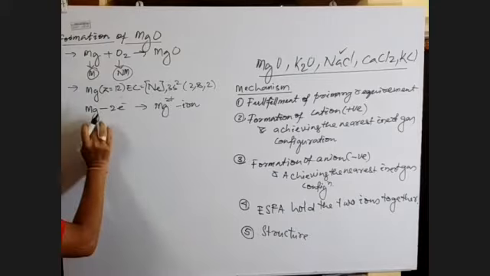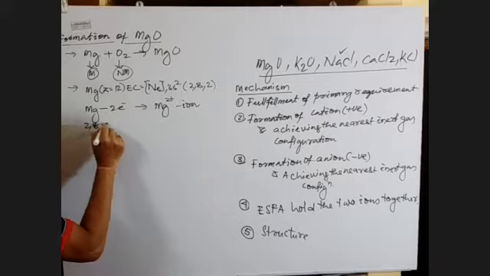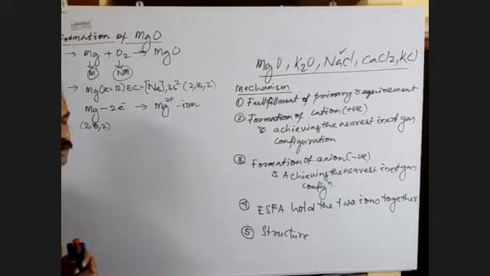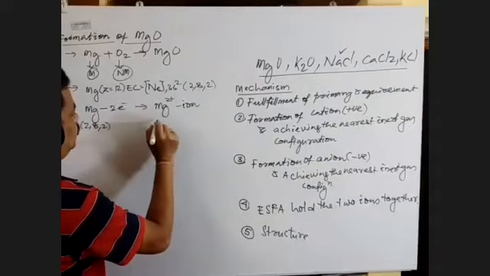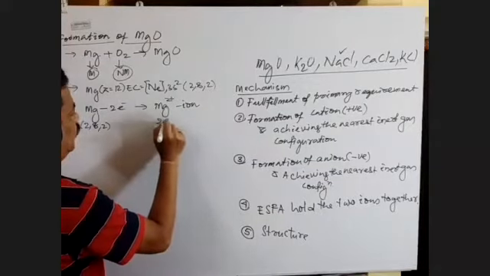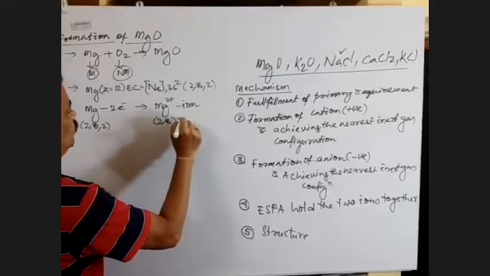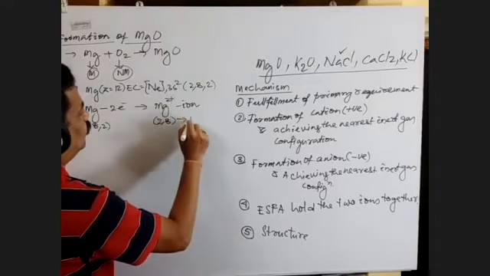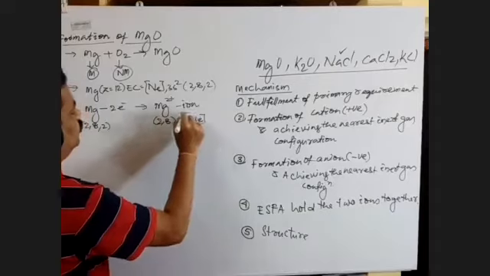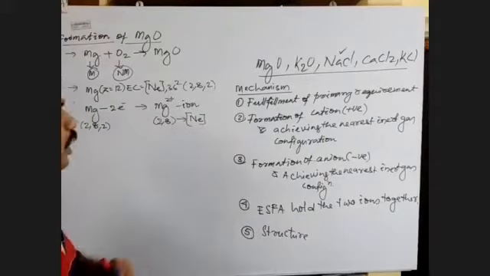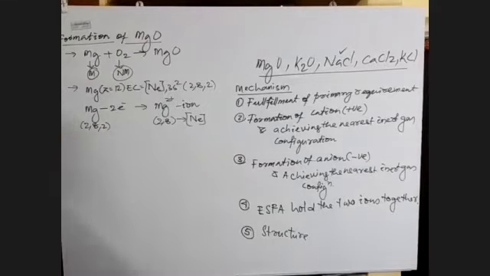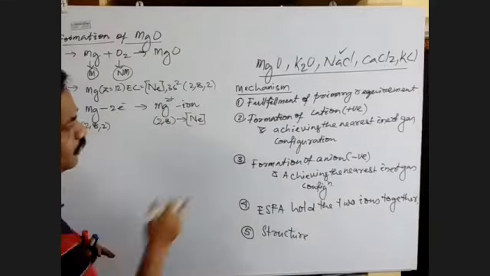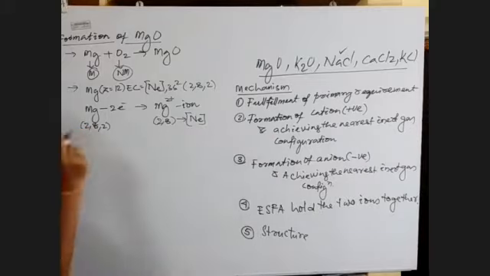The initial configuration in the normal state is 2, 8, 2, and with the 2 electrons gone, the new configuration is 2, 8, which is the nearest inert gas configuration of neon. So the stability is increased; the magnesium ion has more stability than pure magnesium. That completes the formation of the cation.